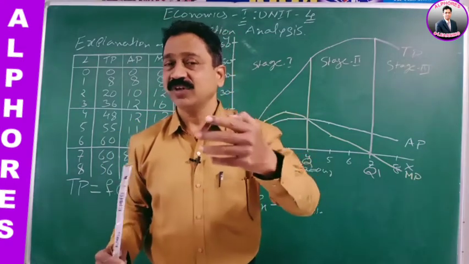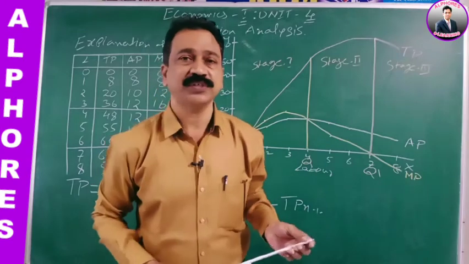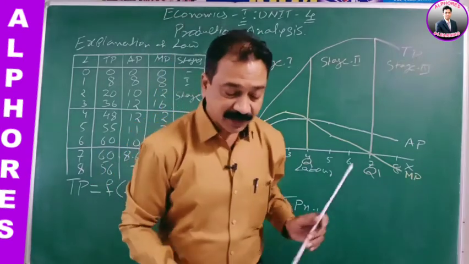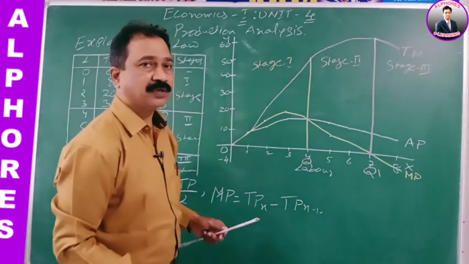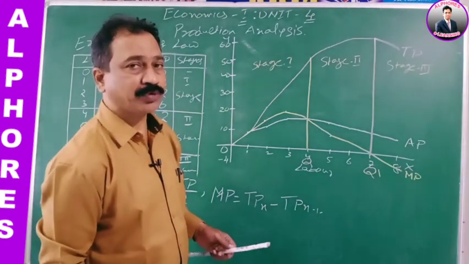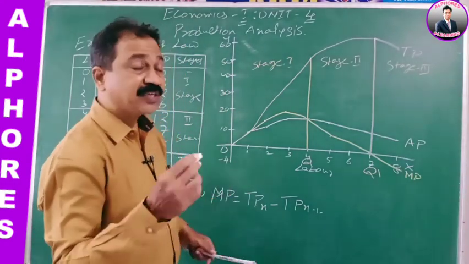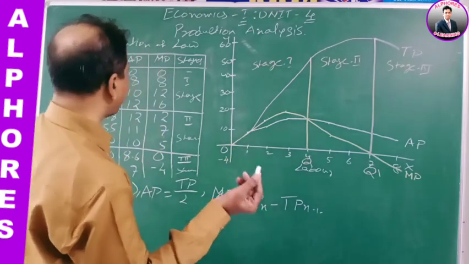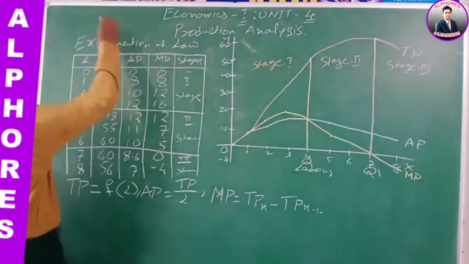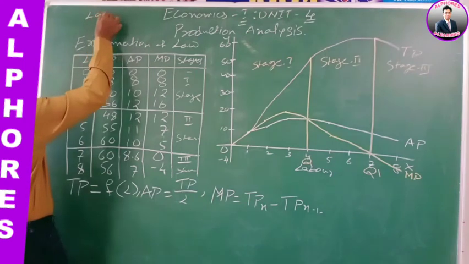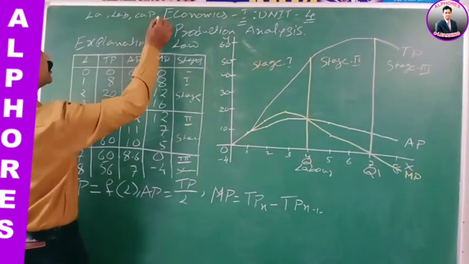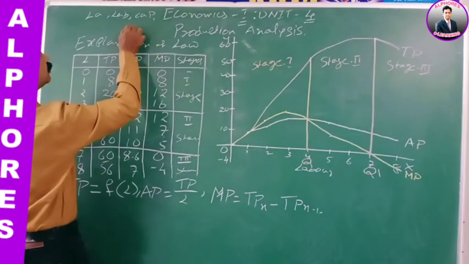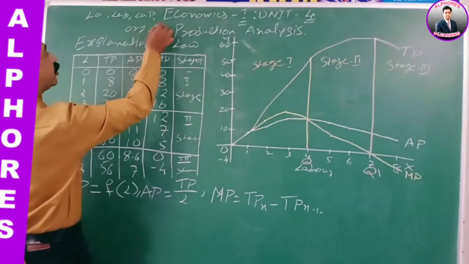After that, yesterday we had a discussion about variable proportions, keeping some factors fixed and changing some factors. Some factors are fixed, some factors are variables. What are the fixed factors? Yesterday we have seen out of land, labor, capital, organization and technology.